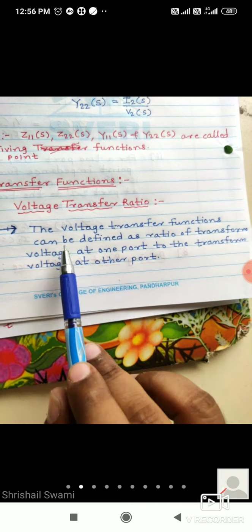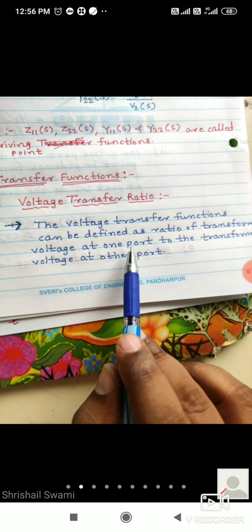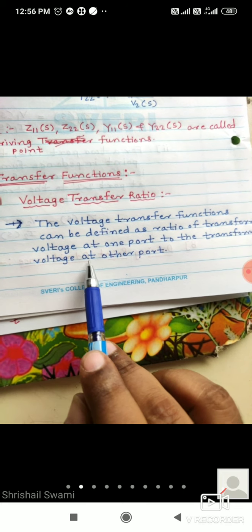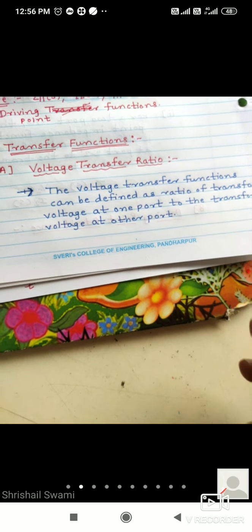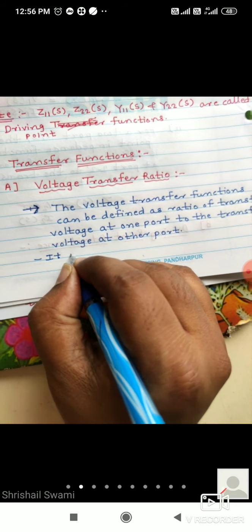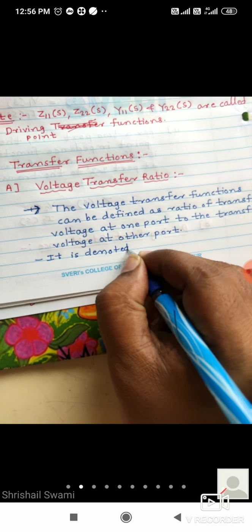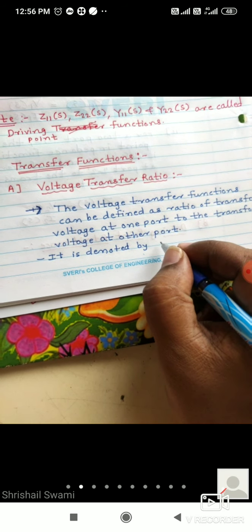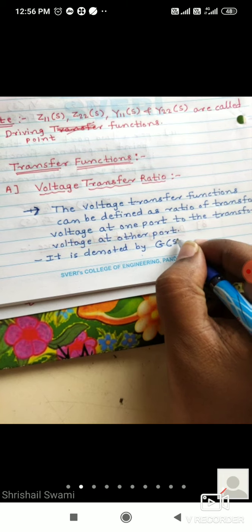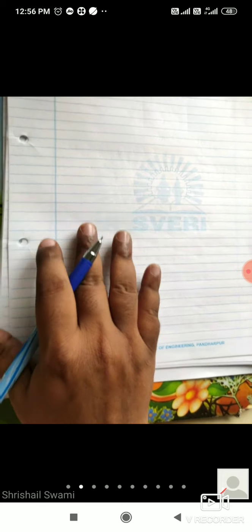So this is a common definition. The voltage transfer function can be defined as the ratio of transform voltage at one port to the transform voltage at other port. Okay, so it is denoted by capital G of S. So how we can define now?